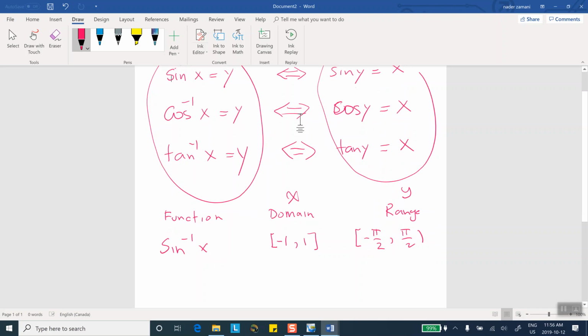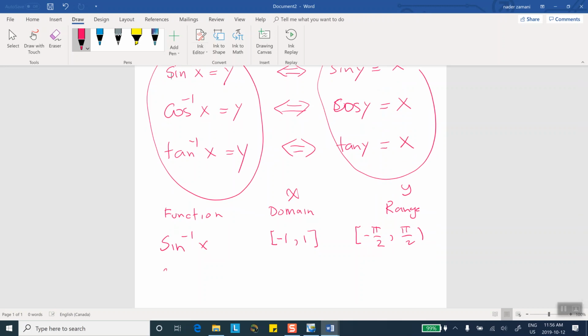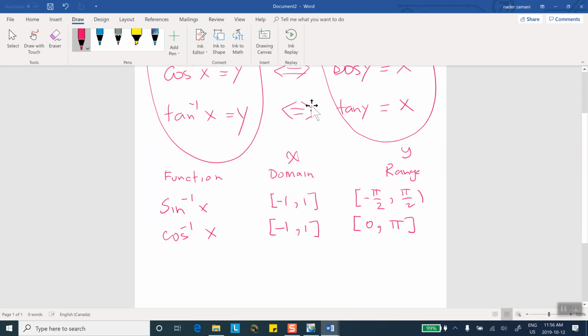Okay. Now, when you write cos inverse of x, this function also has a domain between minus 1 and 1, but for the range people have agreed that they're going to universally accept 0 to pi. And finally, the tan inverse function, you can put anything you want.